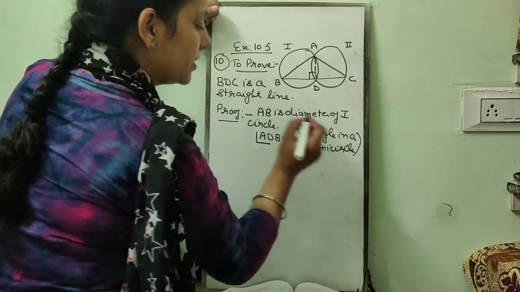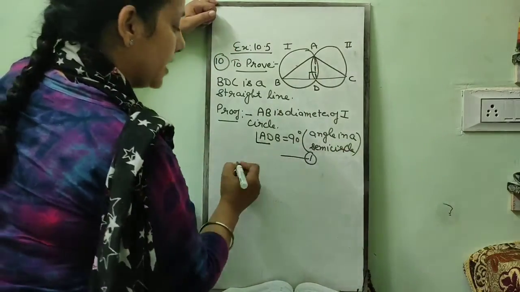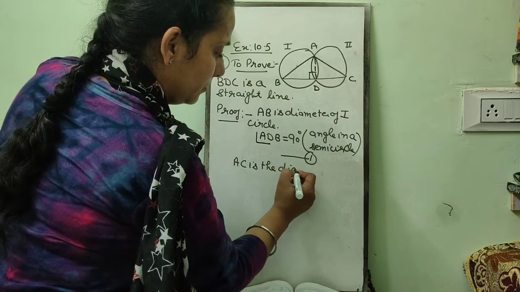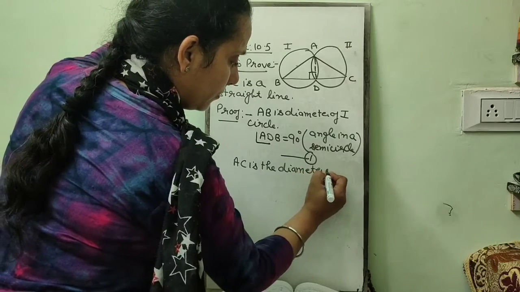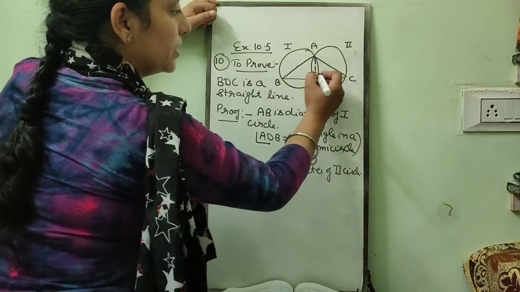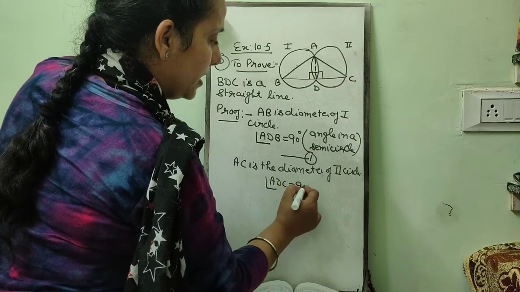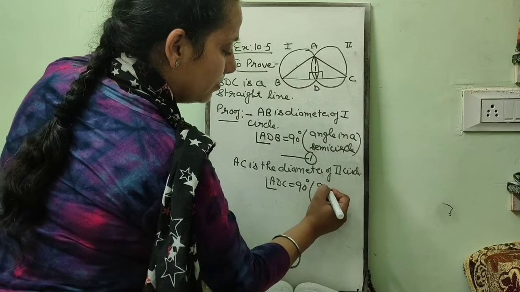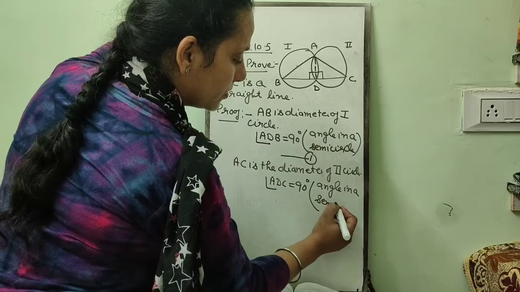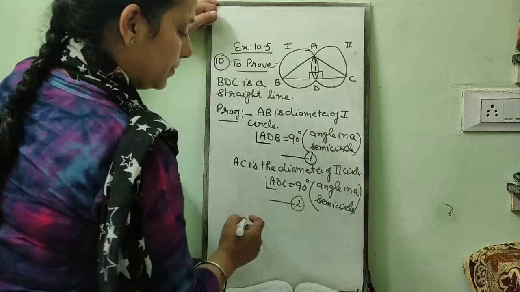So that's why this angle is 90. This is 1. AC is the diameter of the second circle. This angle ADC will be 90 degrees. Reason same, angle in a semicircle. This is number 2.